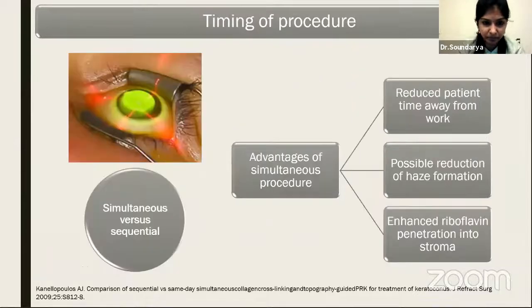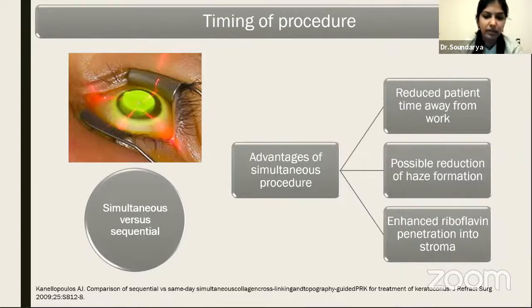Coming to the timing of the procedure, whether to do it simultaneously with cross-linking or post cross-linking, there are various advantages of doing it as a simultaneous procedure. One, of course, is the reduced time away from work for the patient, and possible reduction in haze formation, because cross-linking per se causes keratocyte apoptosis, which reduces the number of fibroblasts migrating. This leads to lesser haze formation.